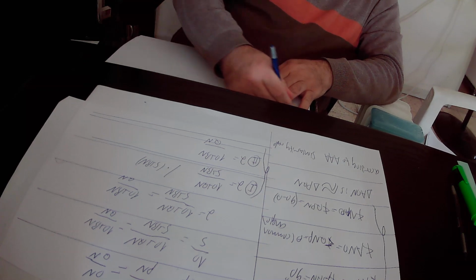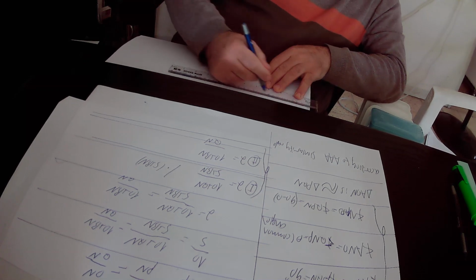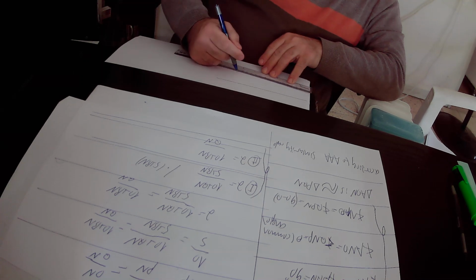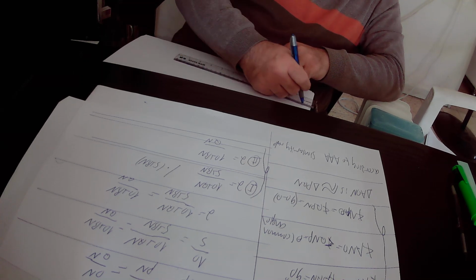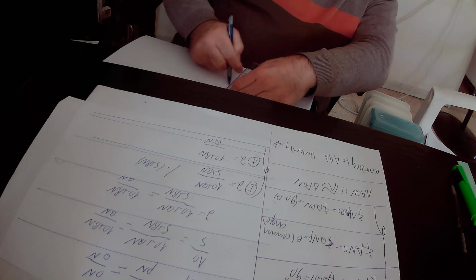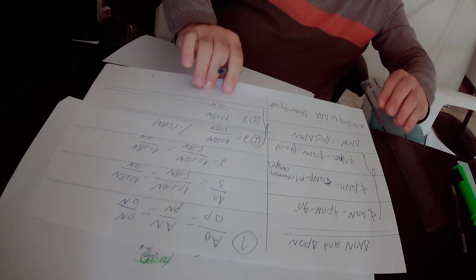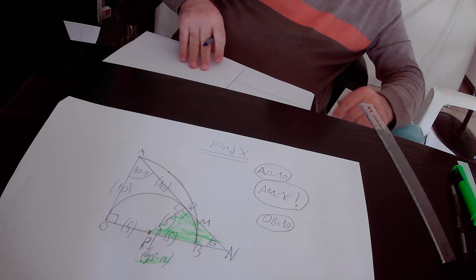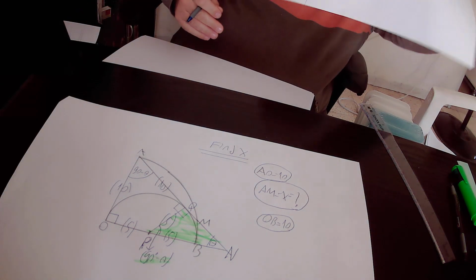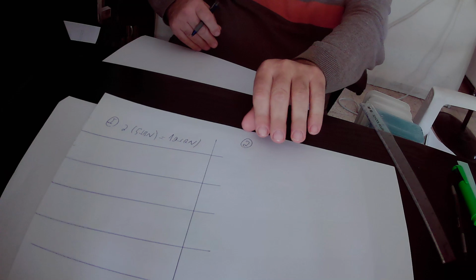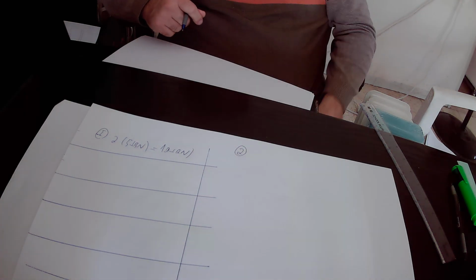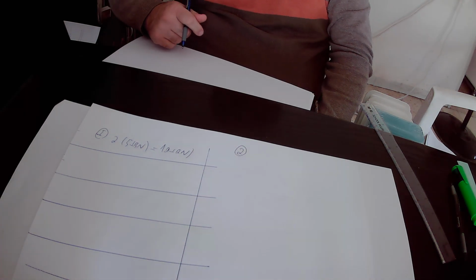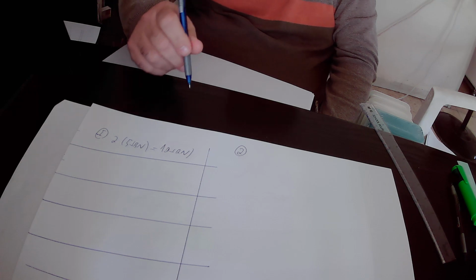According to equation number 1, we actually found out that 2 times 5 plus BN equals 10 plus QN.